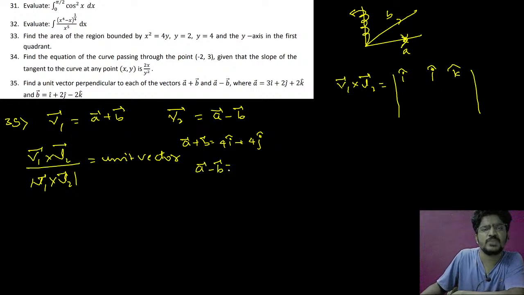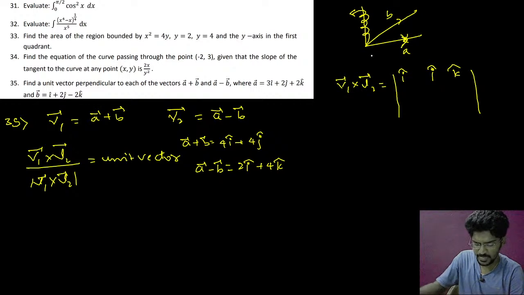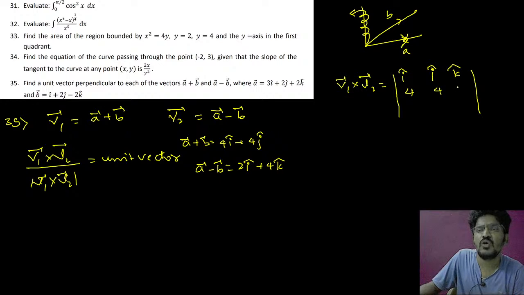In the same way, a minus b: 3 minus 1 is 2 i cap, 2 j cap minus 2 j cap will be 0, leave it, plus 2 k cap minus of minus 2 will be plus, so that is 4 k cap. Check once: 3 plus 1 is 4, 2 plus 2 is 4, 2 minus 2 cancelled, 3 minus 1 is 2, 2 minus 2 is cancelled, therefore 2 minus of minus 2 is 4. So this is 4 4 0.